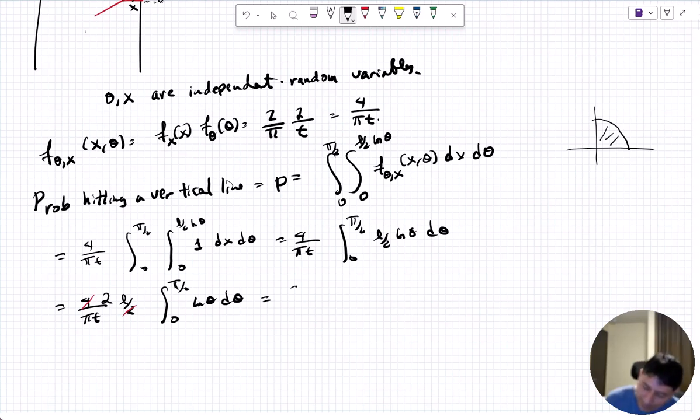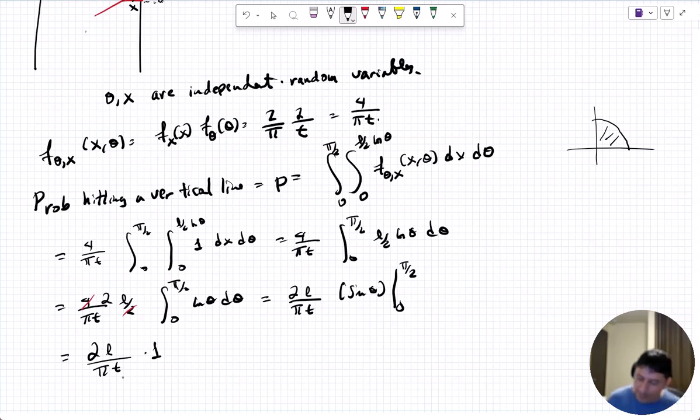So L over 2 over pi t, times sine of theta from 0 to pi over 2. Well, sine of 0 is 0, sine of pi over 2 is 1, so this is equal to 2L over pi t times 1. So little p is going to be equal to 2L over pi t, basically.